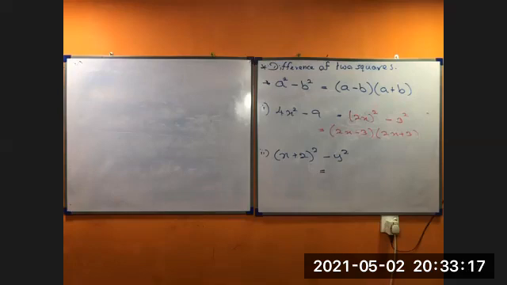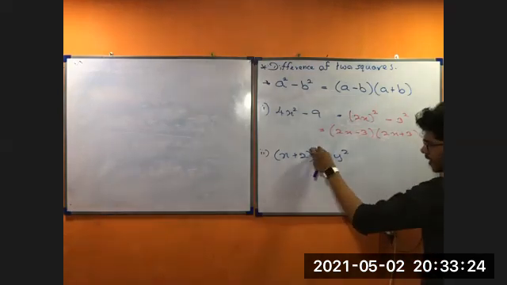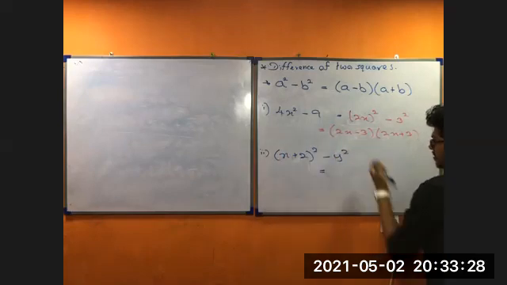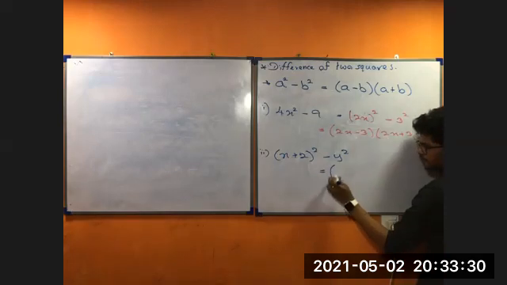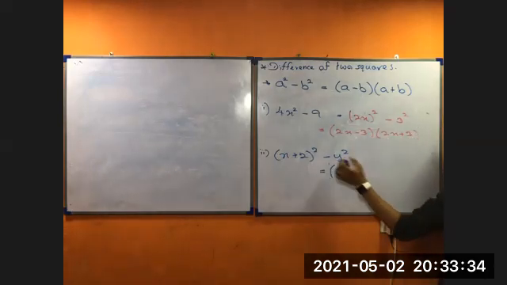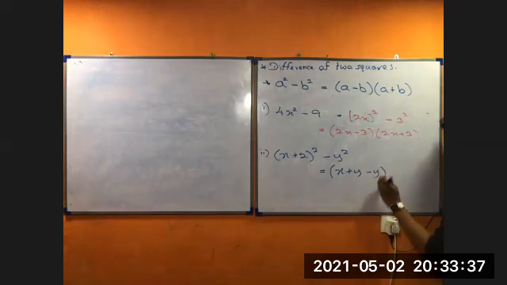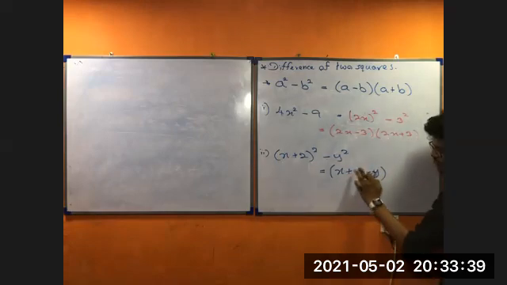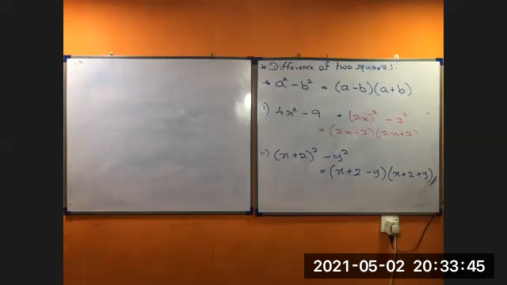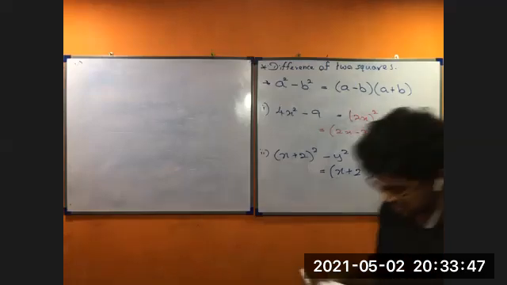Okay, we have one answer from Rumana, x plus 2 minus, so yeah, exactly. So here we have a square term, here we have a square. So this whole thing squared minus this whole thing squared. So it is going to be x plus 2 is my first term. My second term is y, so minus y. So times x plus 2 plus y. Done. Simple.